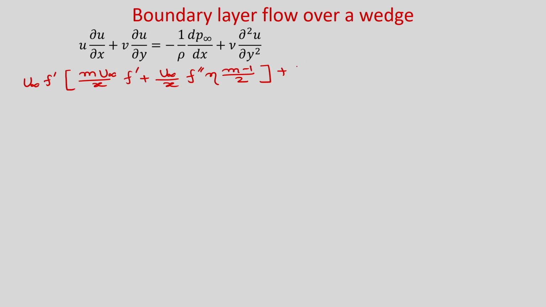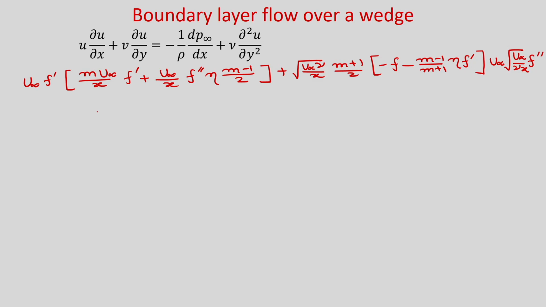So, v is root u infinity nu by x m plus 1 by 2 minus f minus m minus 1 divided by m plus 1 eta f prime, and del u by del y is u infinity root u infinity by nu x f double prime.